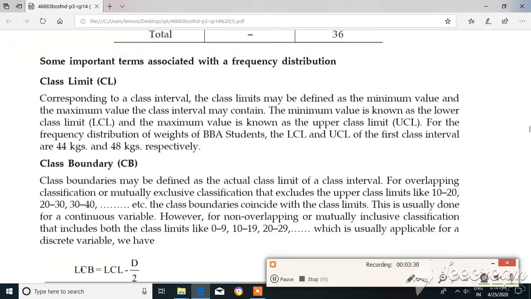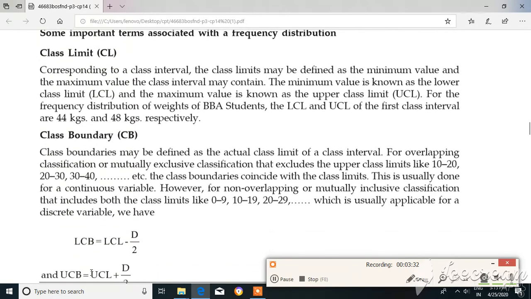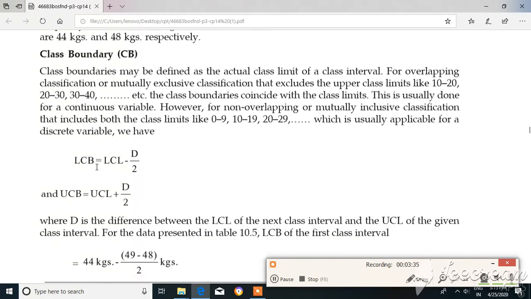The lower class boundary formula is lower class limit minus d by 2, and the upper class boundary is UCL plus d by 2. So what is this d? D is nothing but the difference between the classes.